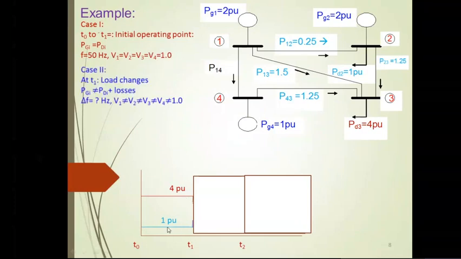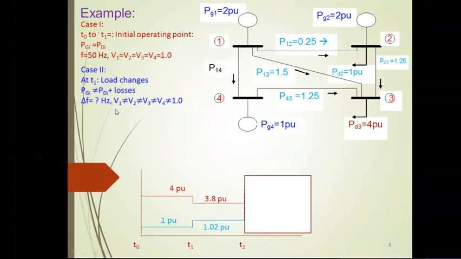Now, if I take the next one, at time t1, let's say there is a load disturbance, a load change. In this case, if you observe, the load at bus number 3 has changed to 3.8, and at bus 2 the load has increased to 1.02 per unit.